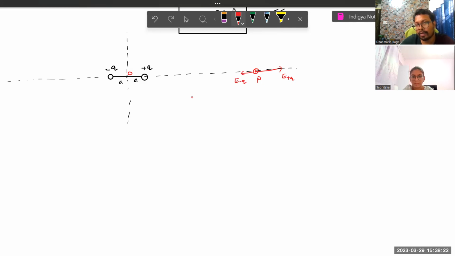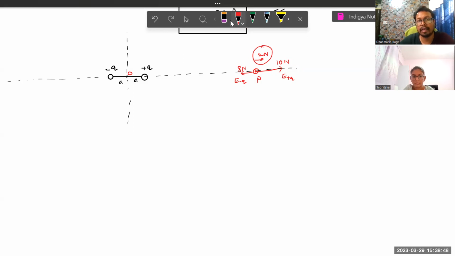So net electric field will be equal to what? Suppose this is applying 10 Newton force and this is applying only 8 Newton force. So net force will be acting in which direction? This direction, 2 Newton force, right? 8 Newton are balanced, and the unbalanced force is only 2 Newton force, which will produce acceleration in that direction. Is that clear? So net electric field is in that direction.